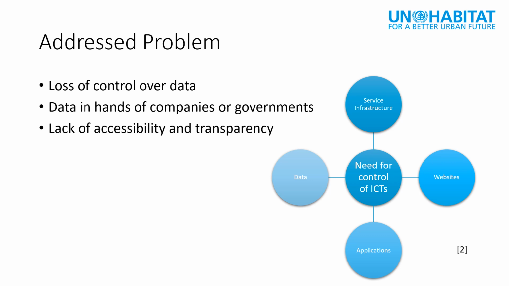Technological sovereignty addresses the problem of loss over control of data of the citizens and the state, and therefore leading to a lack of accessibility and transparency, because the data is in the hands of a few technological companies or governments. It therefore addresses the need for control over the information and communication technologies, and this includes data, websites, service infrastructure, and application, and it ensures the protection of the municipal and the citizens' interests.